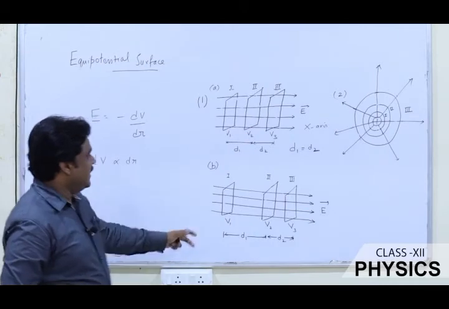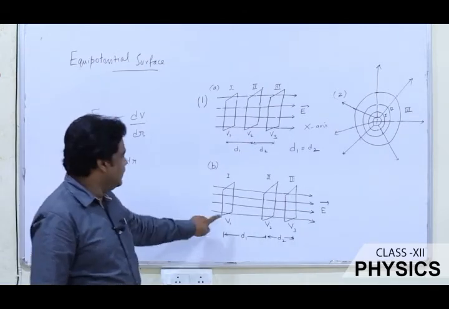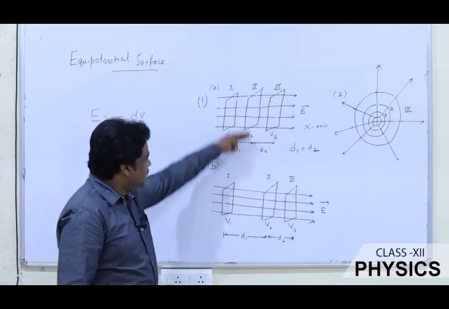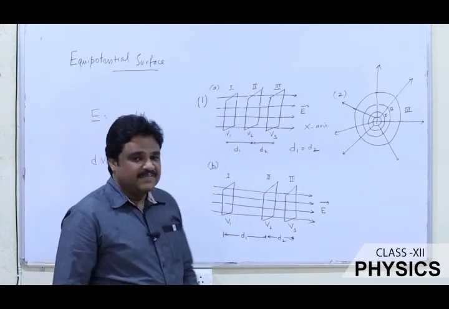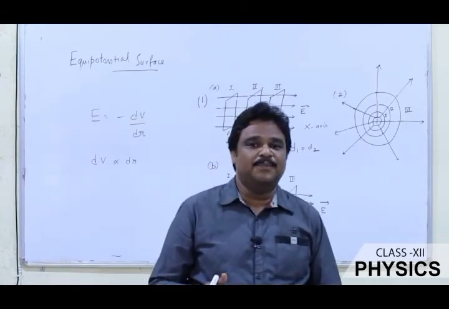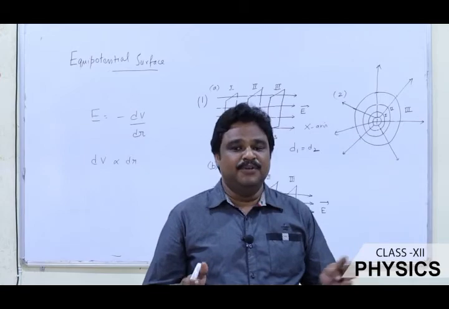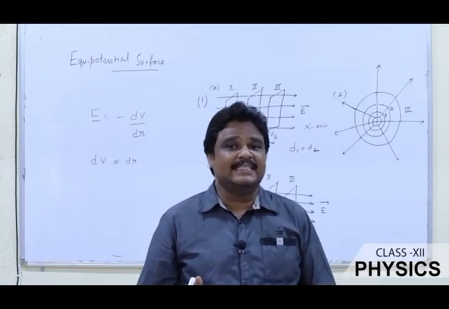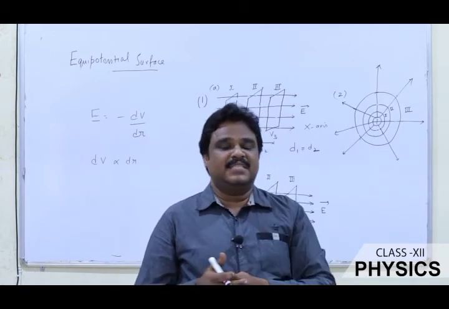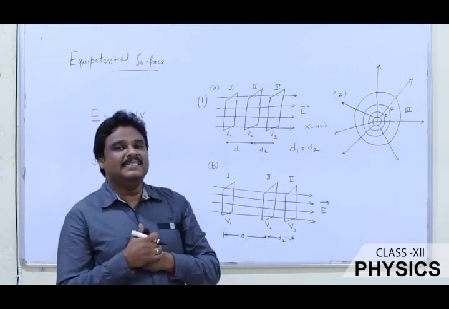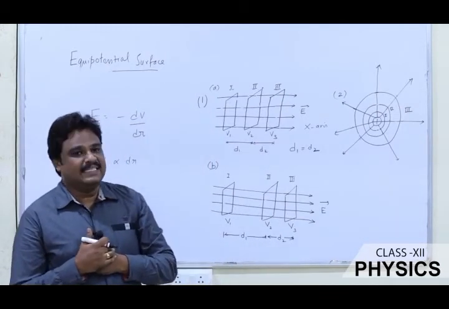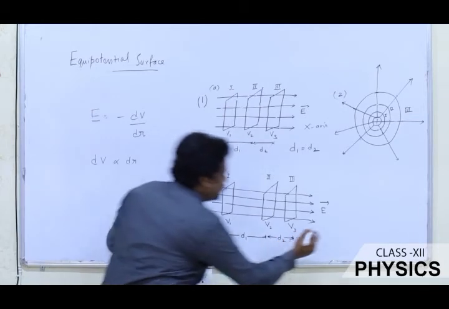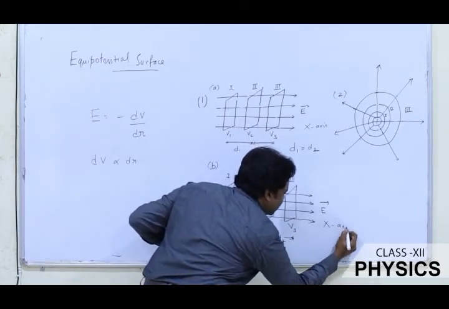Number 2, say if in a question they are asking, you can see the second figure, obviously there is a difference between the first and the second. If they are asking you to draw equipotential surface for a uniform electric field that increases along, say, the x-axis, the value increases uniformly along the x-axis. So once again, say this is the x-axis.